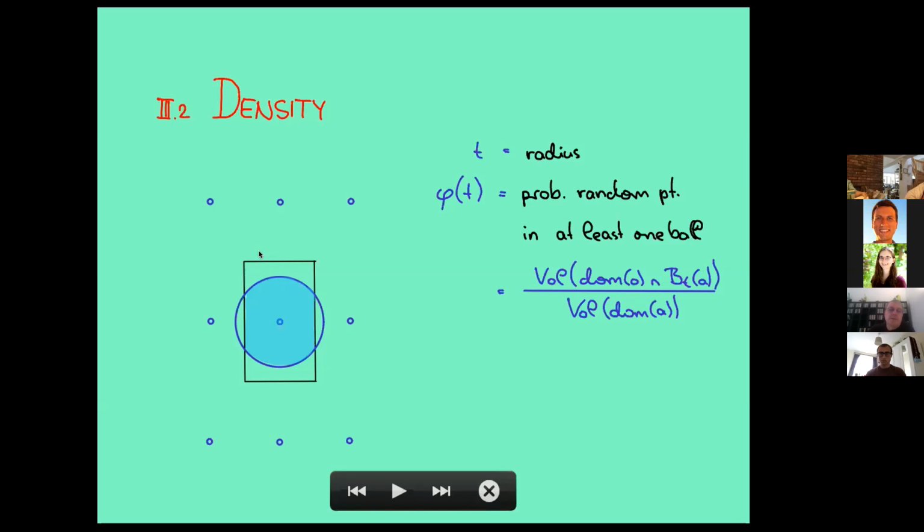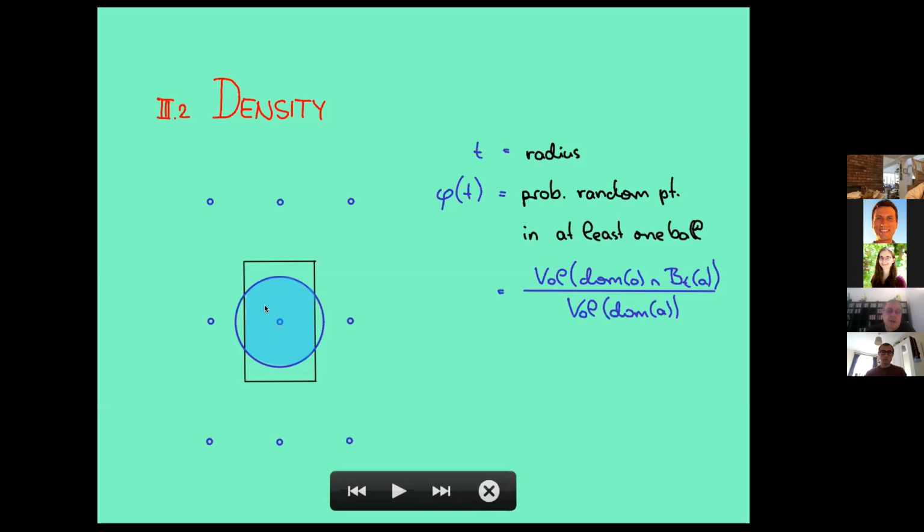In the case of a lattice, everywhere looks the same. So it's enough, instead of looking at a random point in the plane, to look at a random point inside of a Voronoi domain. Let's take a random point in this rectangle. Then the probability that the point is inside at least one of the disks is the same as it's inside the disk of the point that defines this Voronoi domain.